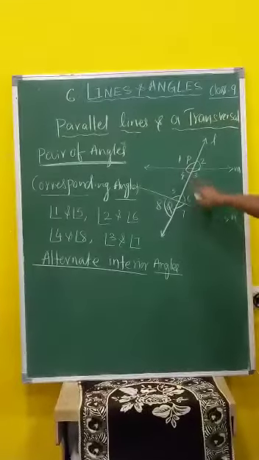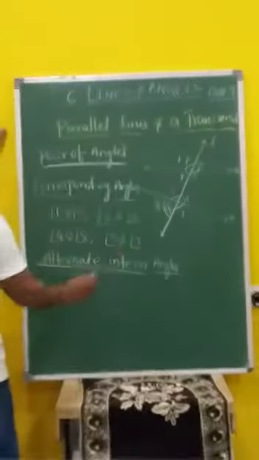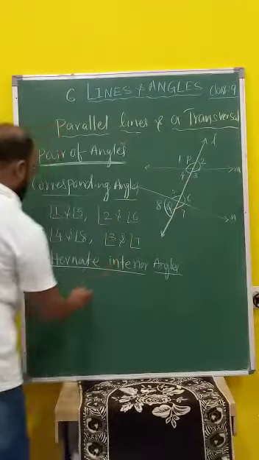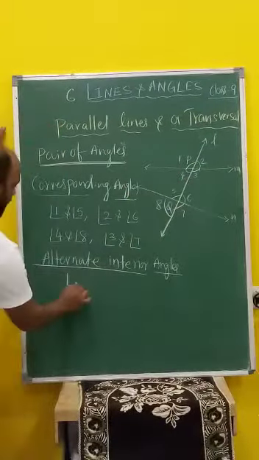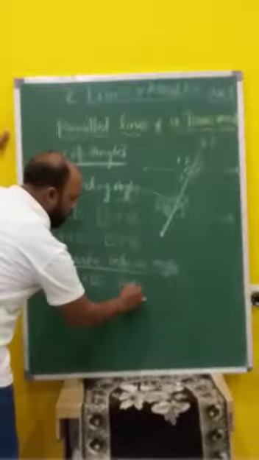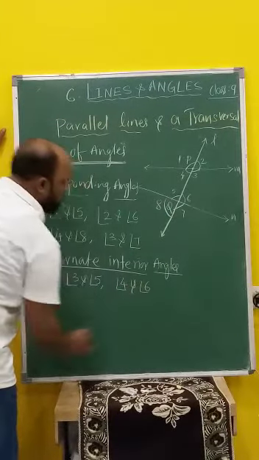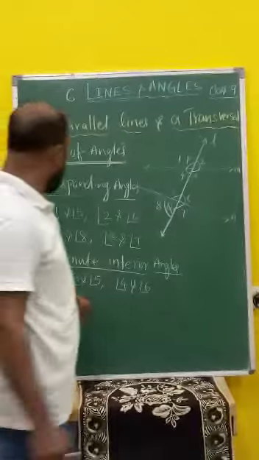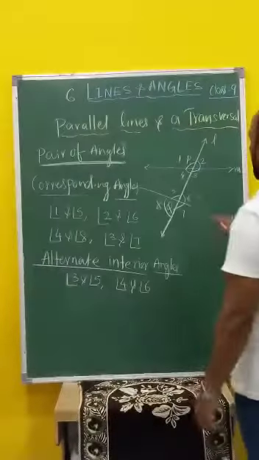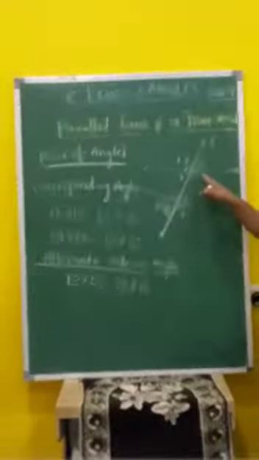Alternate interior angles are inside: angle 3 and angle 5. Next, angle 4 and angle 6. Clear, children? How many pairs are there in the interior? Two pairs.